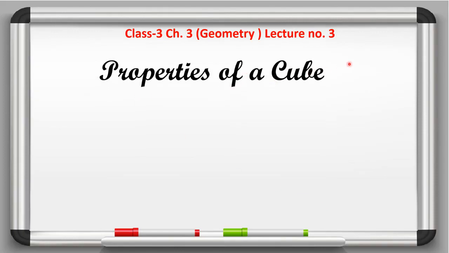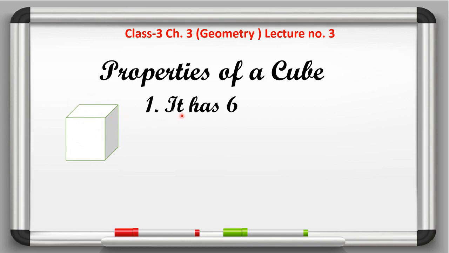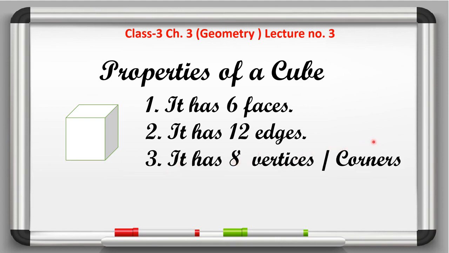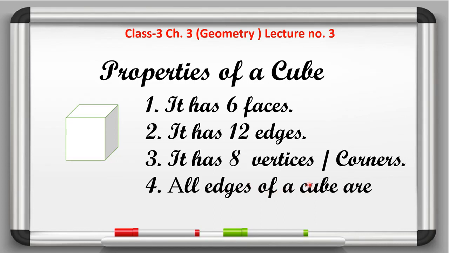Properties of a cube. So here is a cube. Number 1, it has 6 faces. Number 2, it has 12 edges. Number 3, it has 8 vertices or corners. Number 4, all edges of a cube are equal.